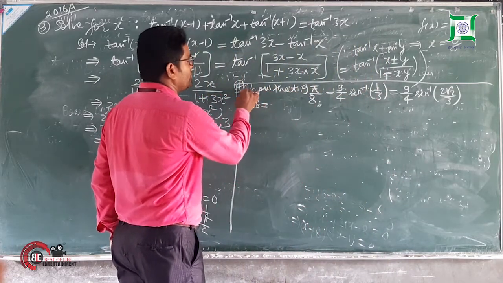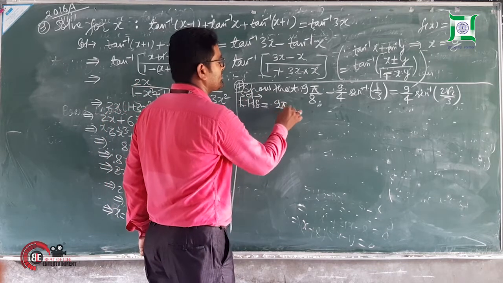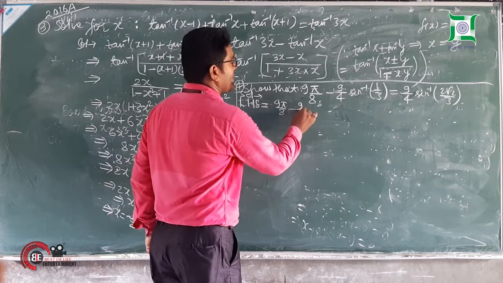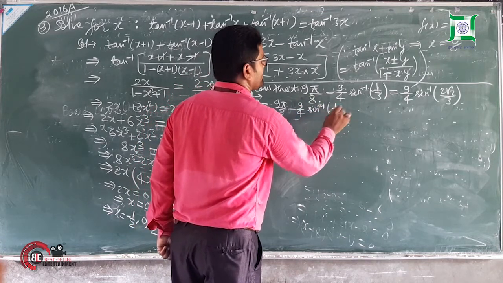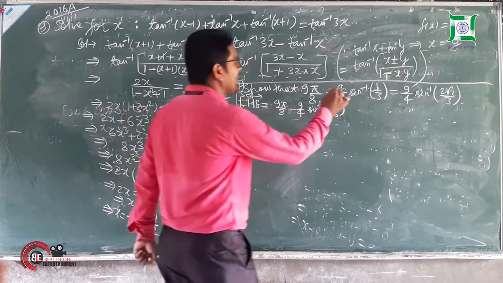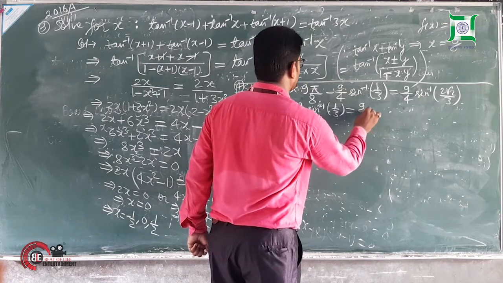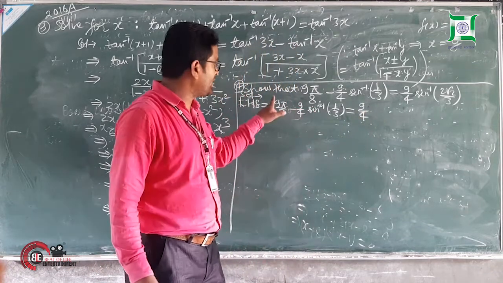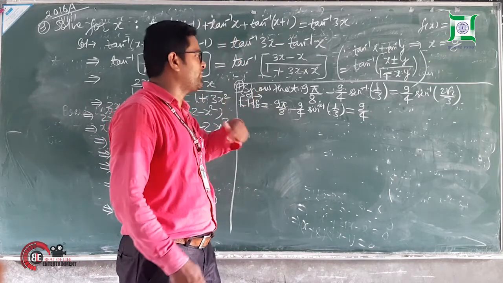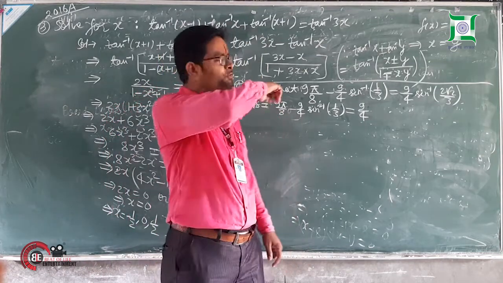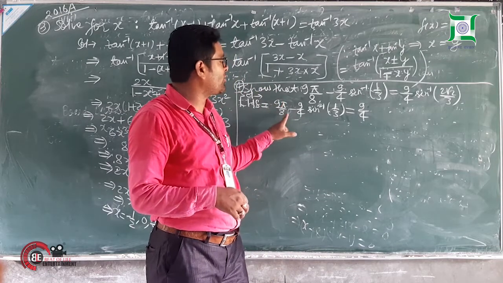See the solution. LHS is equal to 9 pi by 8 minus 9 by 4 sine inverse 1 by 3. Can you write it as 9 by 4 and take it common? What is the benefit of taking 9 by 4 common? If you do not take 9 by 4 common, you cannot make it pi by 2.